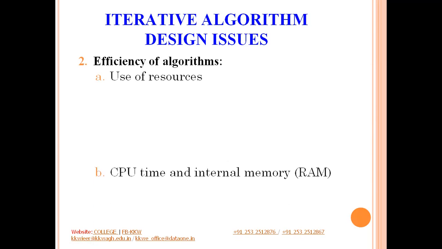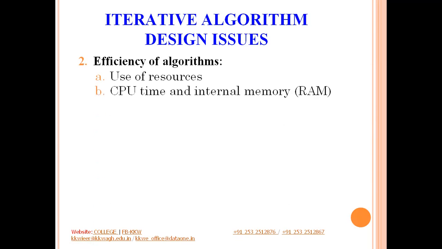The second one is efficiency of algorithms. The second design issue is how to write efficient algorithms. Whenever it comes to writing algorithms or any code, whatever we write will actually execute on a system or computer, so it will consume some amount of the resources available on the computer.